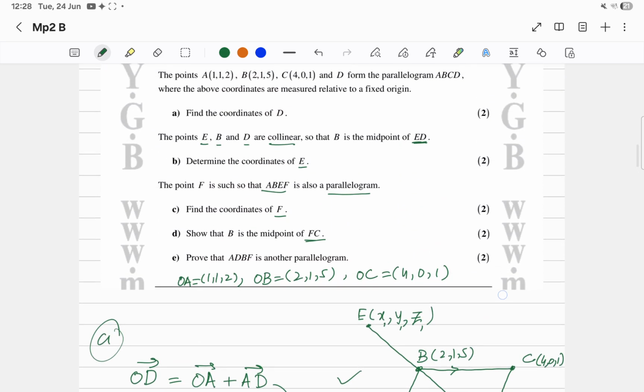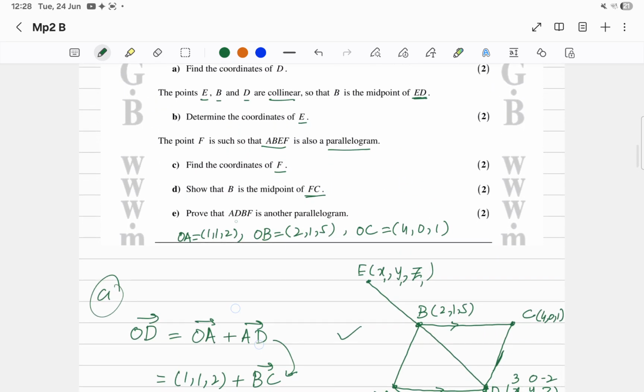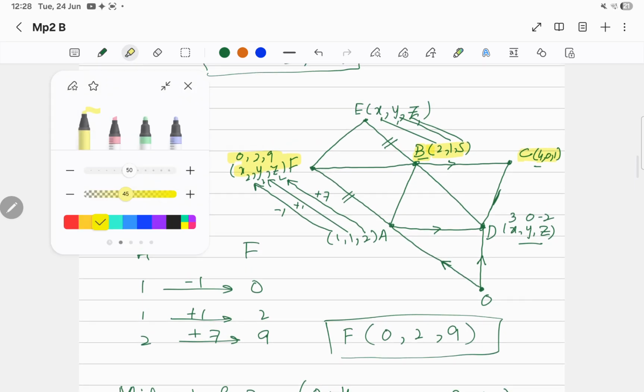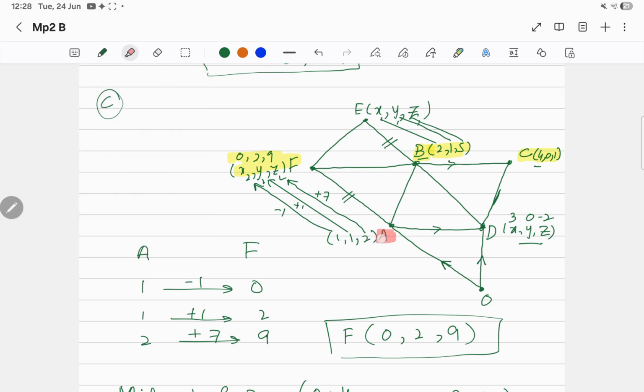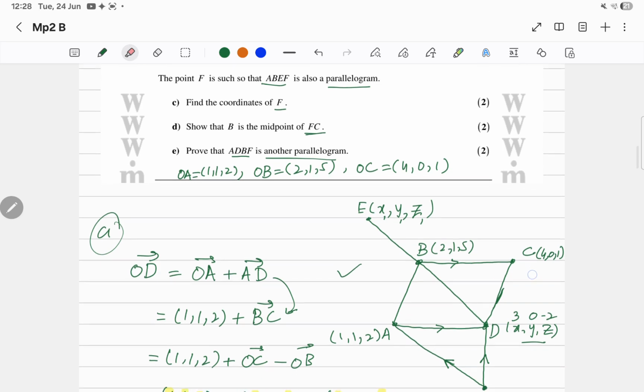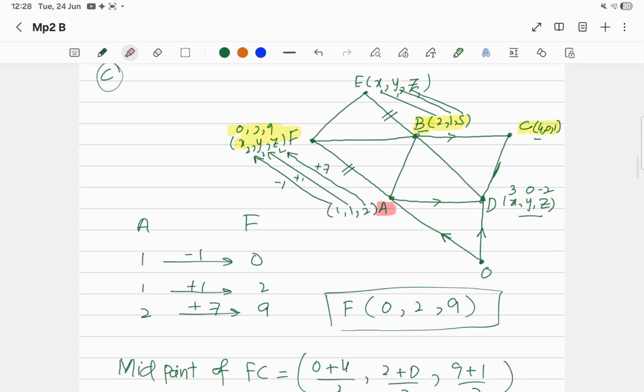So the next part is prove that ADBF is another parallelogram. So we have to show that ADBF is another parallelogram like this one, with these lengths.